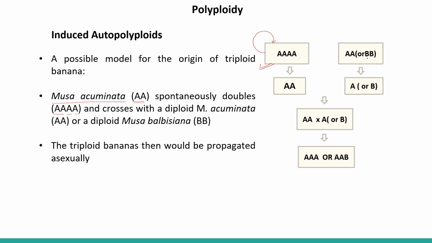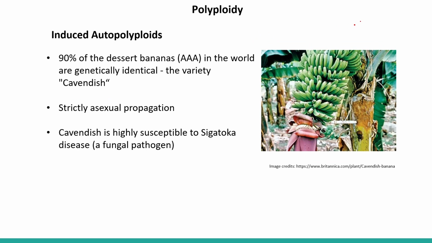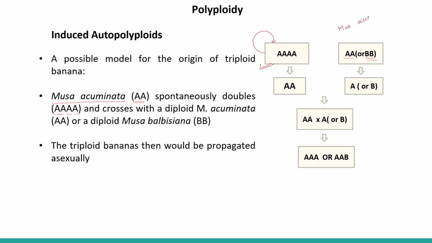And here we have capital A or capital B, either Musa acuminata or Musa balbisiana. Any species there could be.